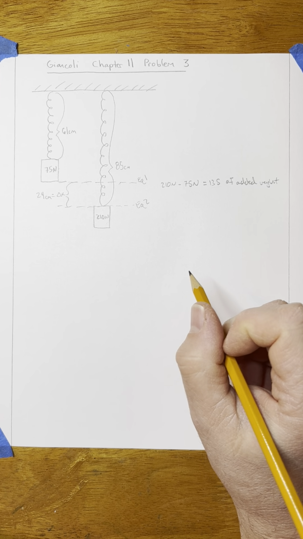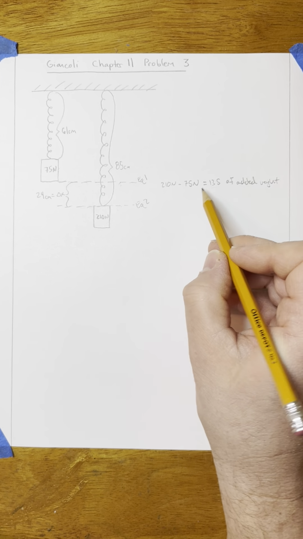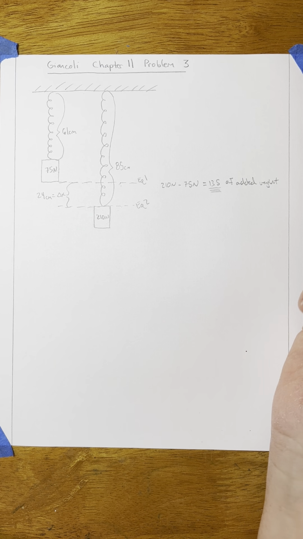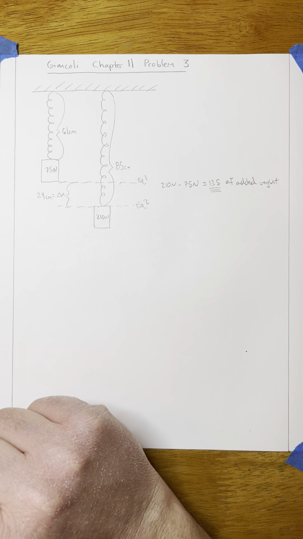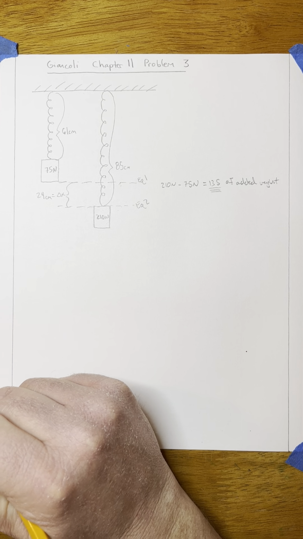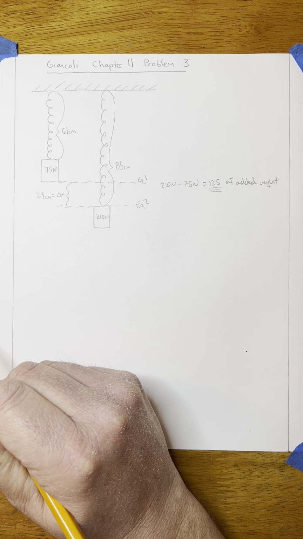So what in fact caused this change? Well, it was the addition of that weight. So the way we're going to solve this problem is very much like how we solved the first part of problem number 2, when we looked at what the k constant was for the springs.